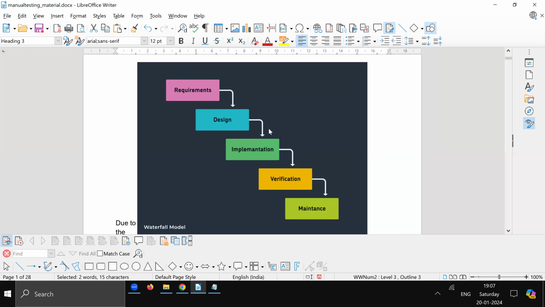What is meant by model? Model is nothing but one methodology. So the waterfall model says that if you begin one phase, then never look back, never go to the previous phase. Suppose that after having come to the implementation phase, implementation means coding, it was discovered that the design is not proper.